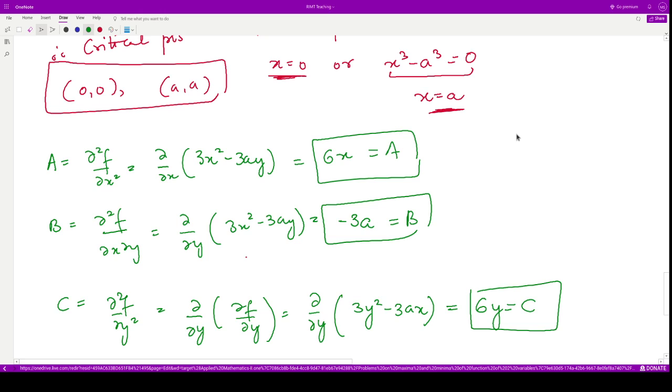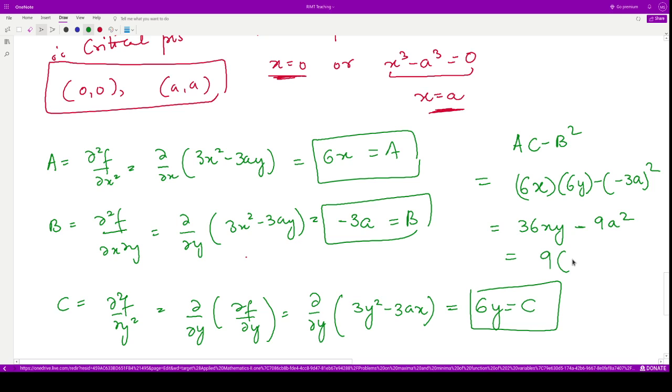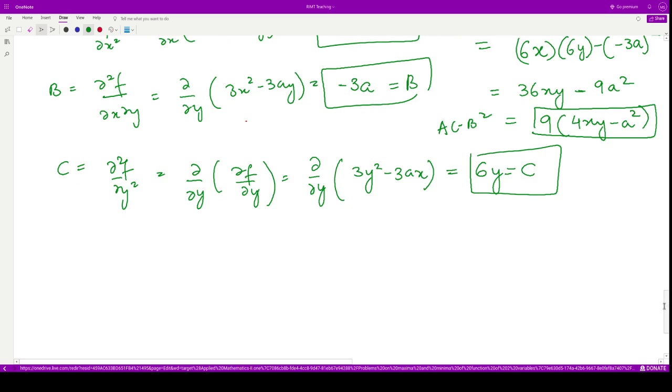Now we'll calculate the expression ac minus b square. So your ac minus b square is 6x into 6y minus of minus 3a whole square. So that is 36xy minus 9a square, or you can write this as 9 into 4xy minus a square. Now depending upon the values of x and y, we will have different signs for ac minus b square. So let's check that.